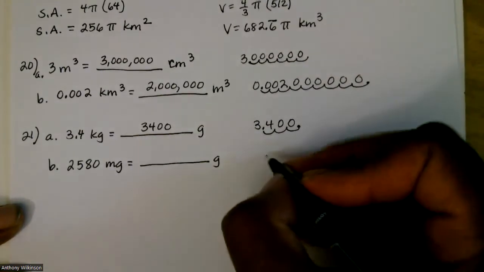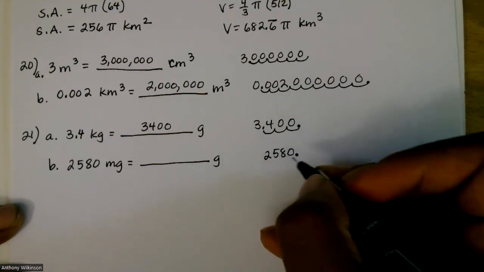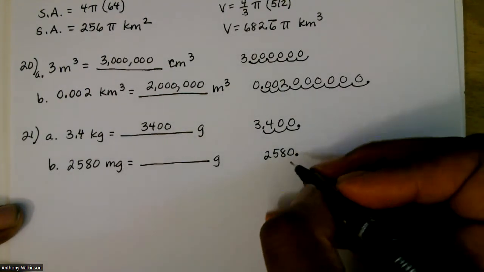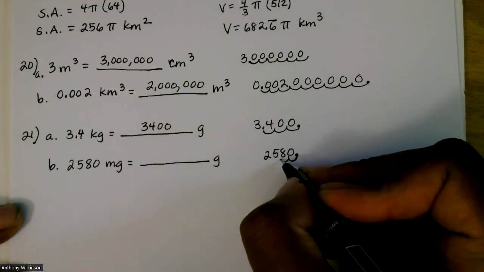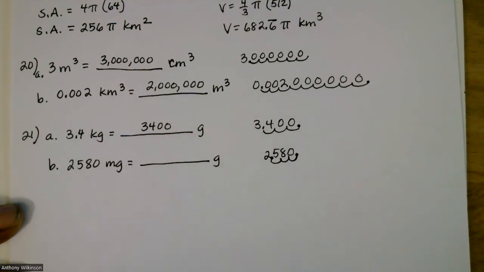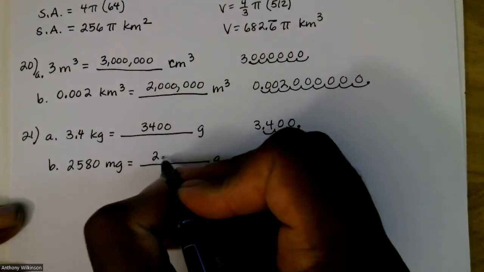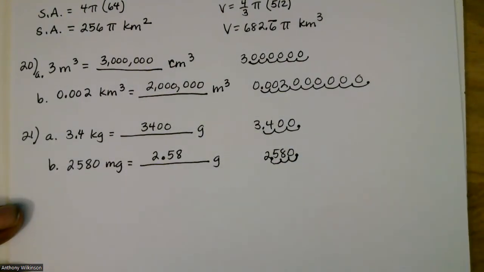So in the number 2,580, I need to move that decimal point, which is always behind the very last digit in the whole number, 1, 2, 3 places. Now that decimal point is between the 2 and the 5. So it'd be 2.58 grams for 2,580 milligrams.